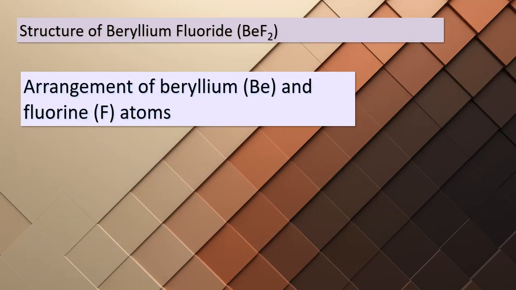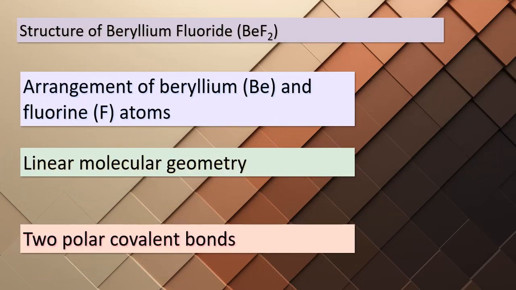Great to have you back, students. We're about to unlock the secret behind the structure of beryllium fluoride, BeF2. Imagine, we have beryllium and 2 fluorine atoms. The arrangement of these atoms gives rise to a unique structure. Brace yourselves, BeF2 has a linear molecular geometry. This means that the atoms are aligned in a straight line.